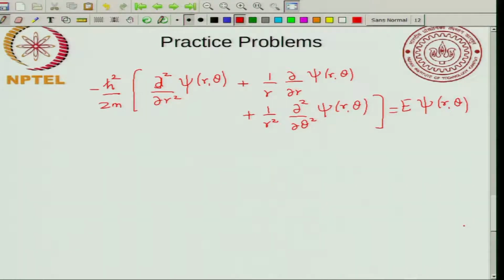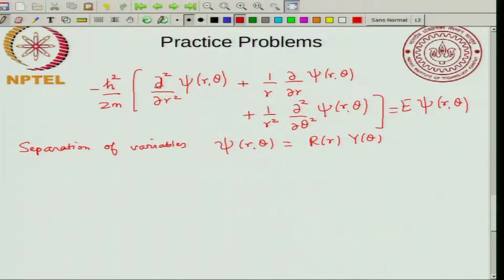And now suppose you do a separation of variables. So, you will say psi of r theta is equal to R of r times Y of theta.